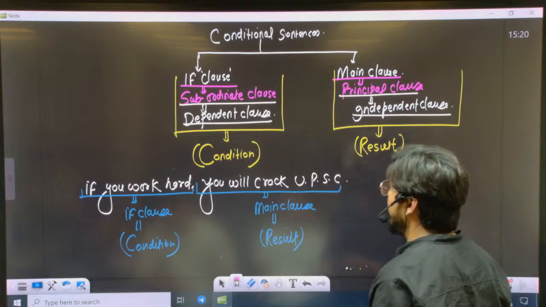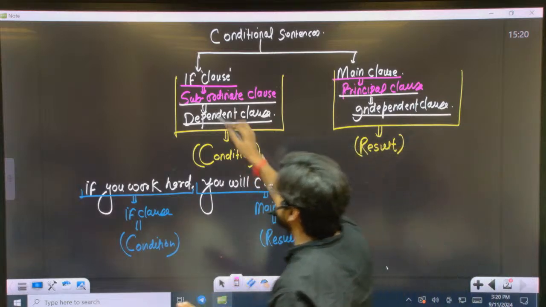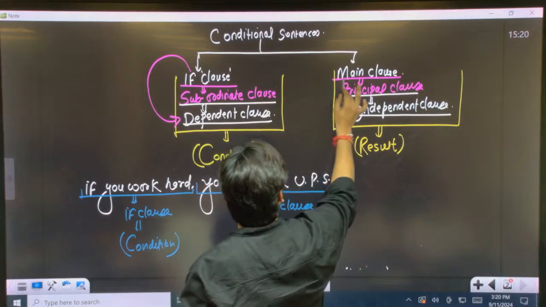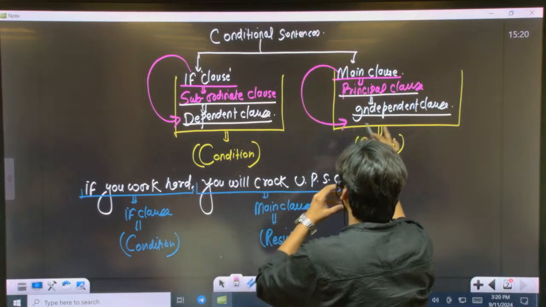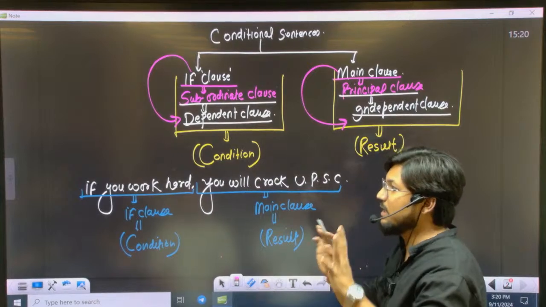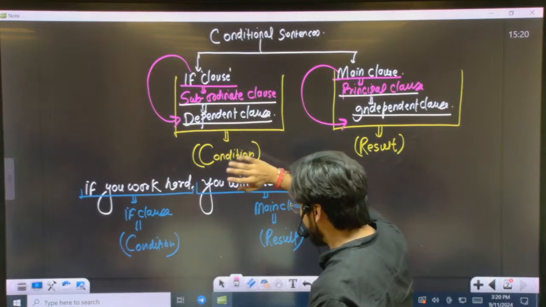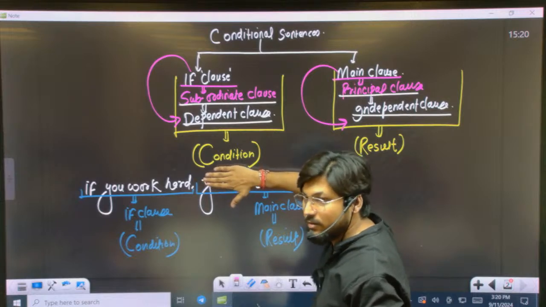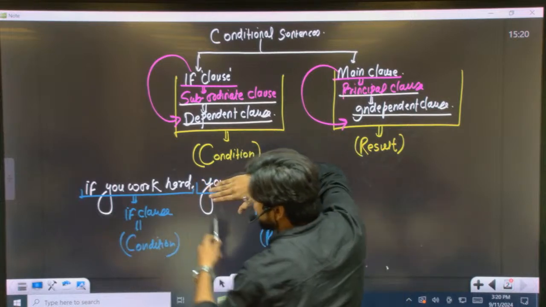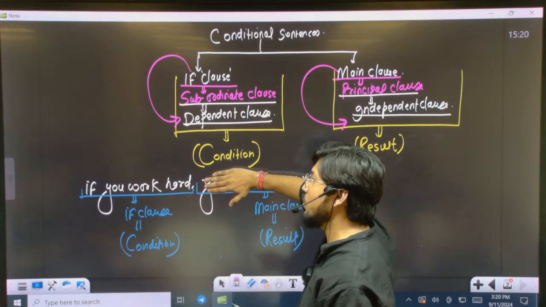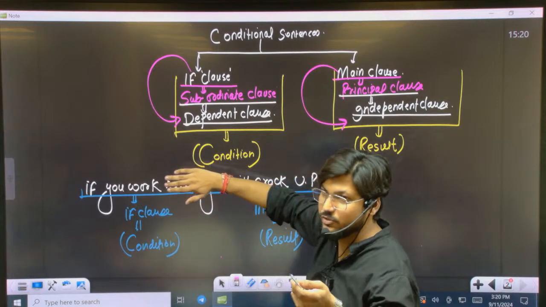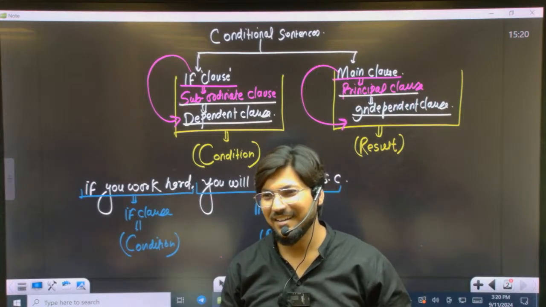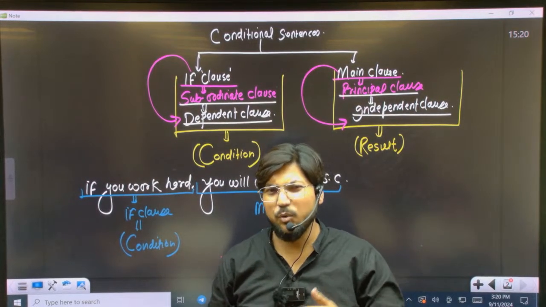Now come to the point. Why is the if clause known as dependent clause, and why is the main clause known as independent clause? Let me tell you. If somehow I hide this sentence and you just read if you work hard, and then I stop suddenly, you will say, sir, what do you want to say actually?